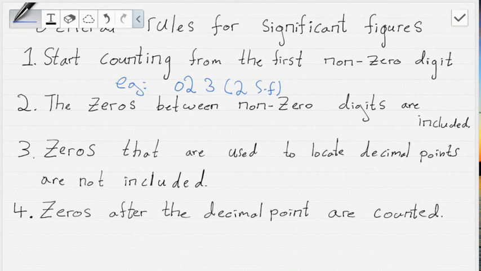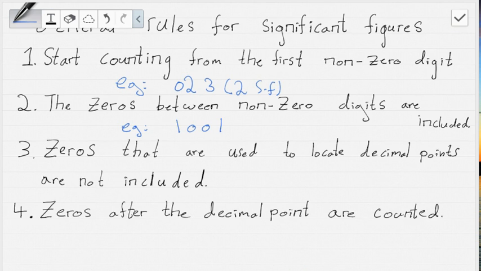Now the second rule is that the zeros between non-zero digits are included. So what does that really mean? It means you have zeros between 2 other non-zero numbers, like 1001.